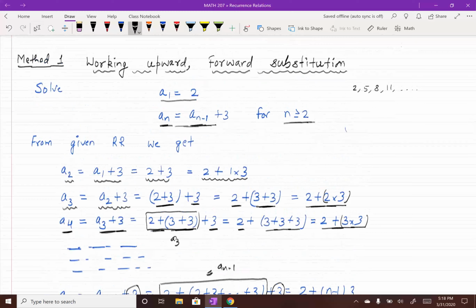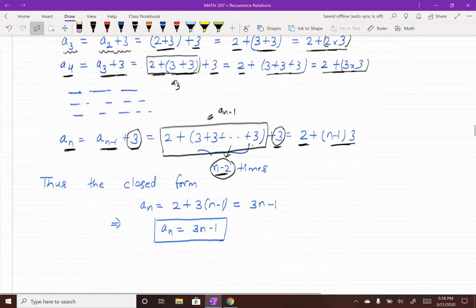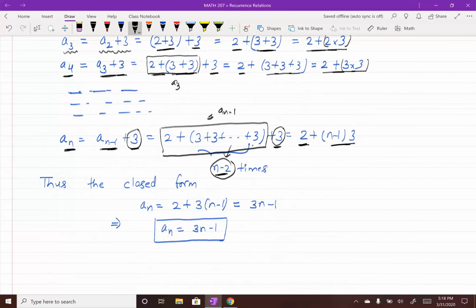Based on this rule of working upward, you start from a1, then generate a2, a3, a4, and by doing this forward substitution, you are able to generate a formula for your nth term of this sequence. a of n can be written as 2 plus 3 times n minus 1.